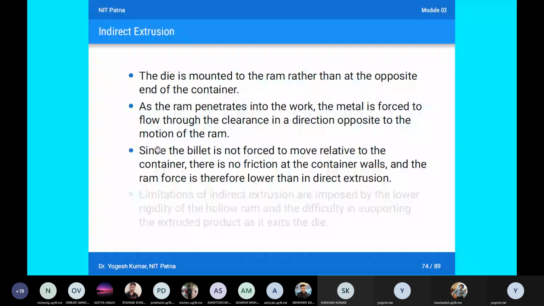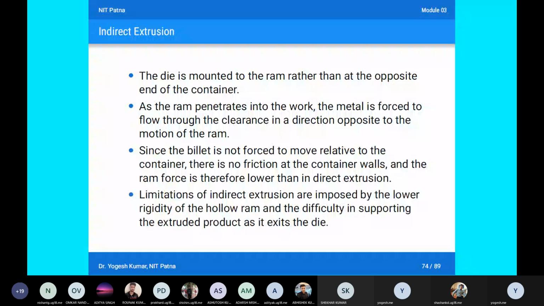Third, an advantage of indirect extrusion is that the billet is not forced to move relative to the container. So there is no friction at the container wall, and the ram force is therefore lower than in direct extrusion. Okay, so this is all about indirect extrusion, but there are obviously some disadvantages or limitations.